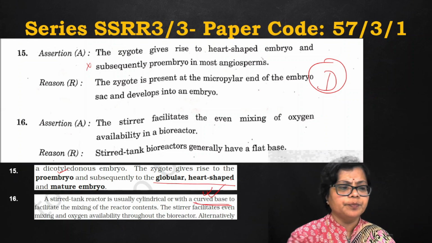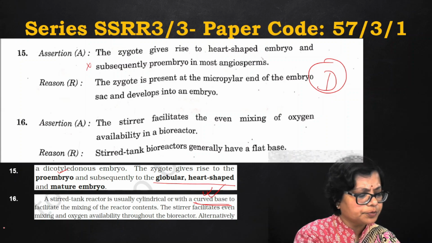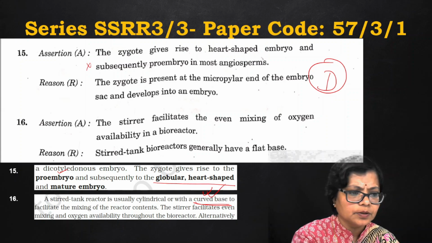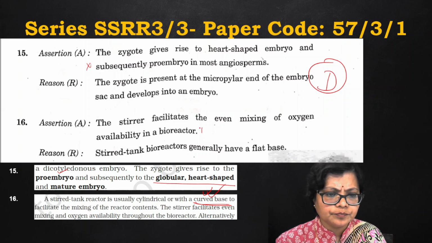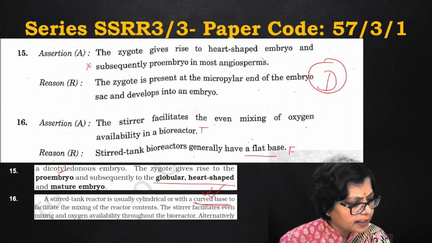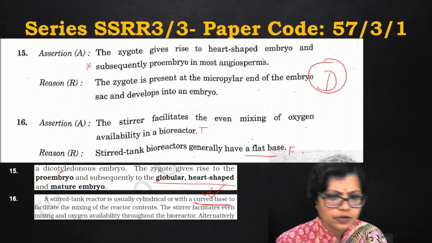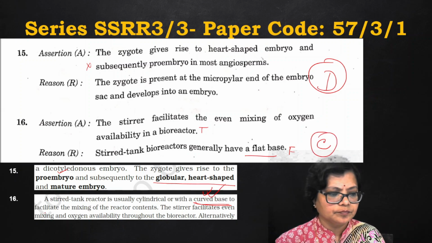So what are the options? I think it will be C, no? C is assertion is true. Yes, it is true, but the reason is false. Is not it? Assertion is true and the reason is false. So the correct option for this will be C.